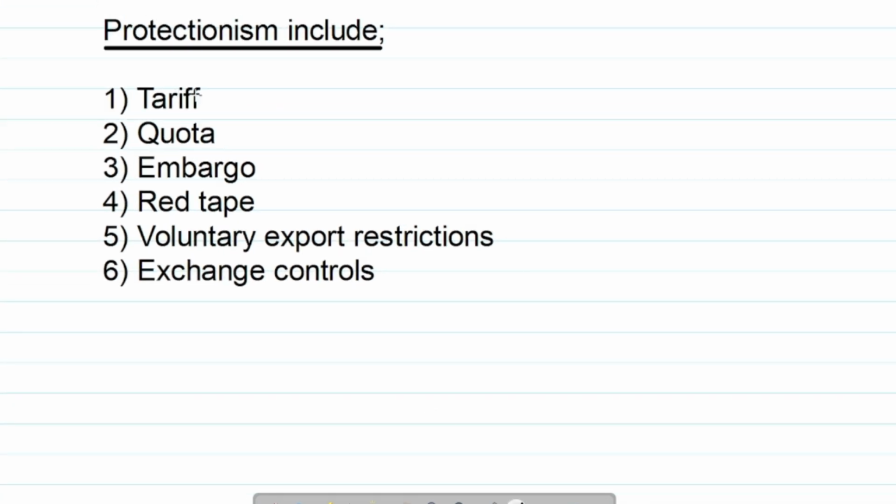So first of all, tariff is a form of tax, it is an indirect tax that is imposed on imported goods, right? So when government imposes tariff on imported goods, they will become expensive. So when imports are expensive, then volume of imports will fall.